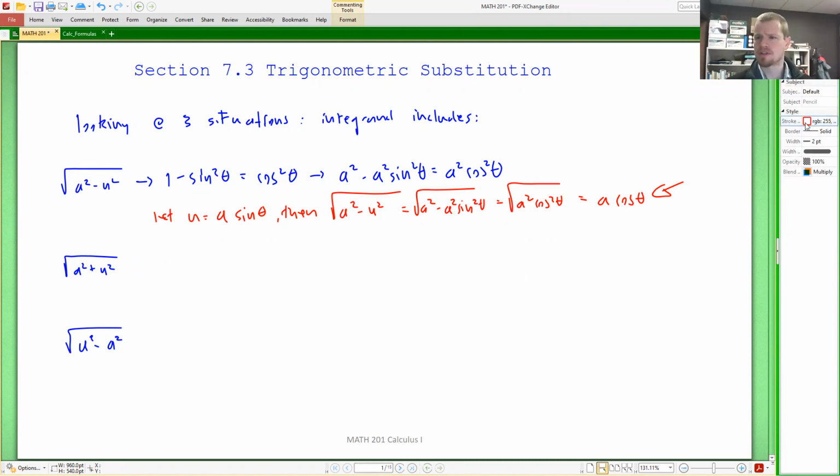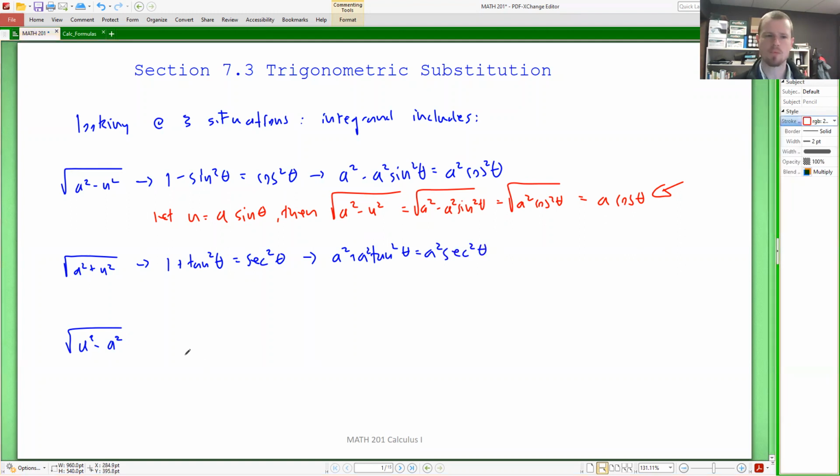The other situations simply, again, use trigonometric identities. For a squared plus u squared, we use the identity that 1 plus tangent squared theta is equal to secant squared theta. And again, multiplying by a squared gives us a squared plus a squared tangent squared theta is equal to a squared secant squared theta.